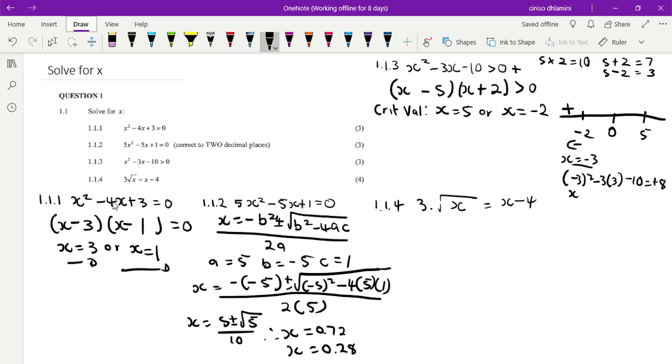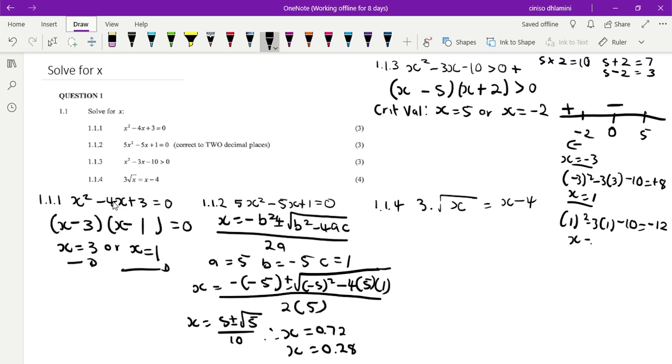Then you test values between -2 and 5, between the critical points. Say x equals 1, for example. You substitute 1, and you're going to get -12. So values between -2 and 5 give you a negative.